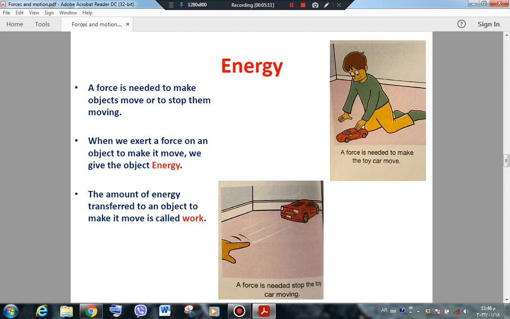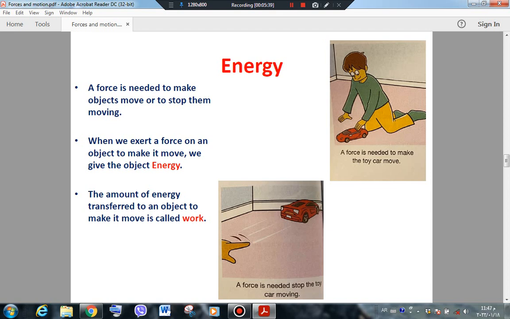When we exert a force on an object to make it move, we give the object energy. That car here doesn't have any energy. So in order to move, you need to use a force. Now with the force that we use for the car to move, we give the car energy.